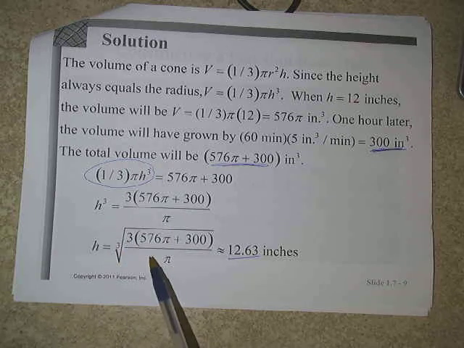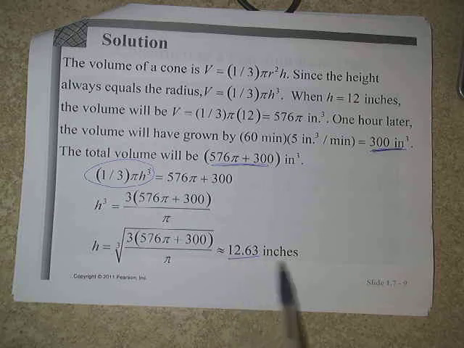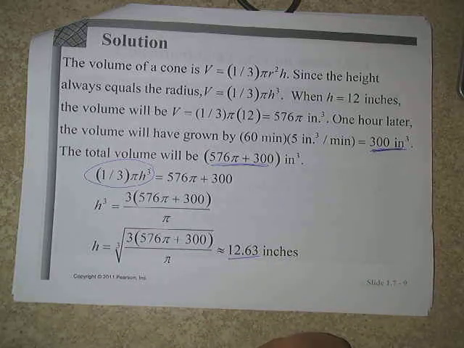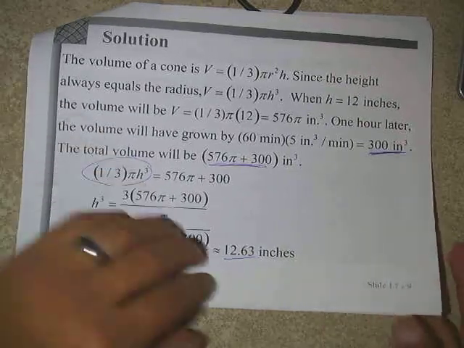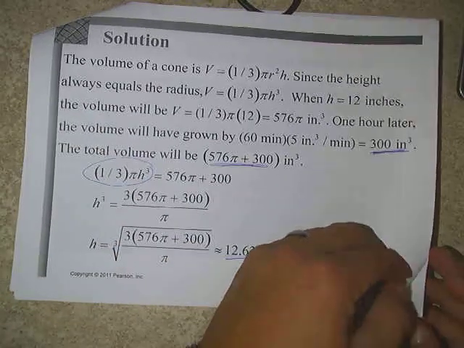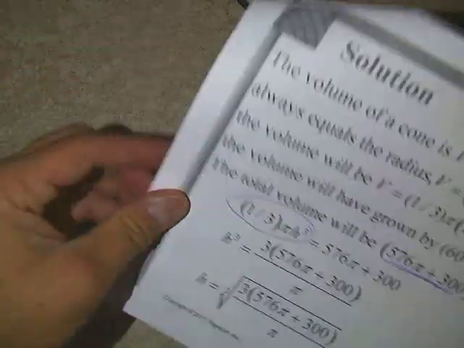That's what they did here. They solved for h, and ended up with 12.63 inches as the final result. Solving this, remember, we would multiply by 3 to get rid of the 1/3, divide by pi, and then ultimately to get h by itself, it's cubed, so we have to take the cube root of both sides. And if we take the cube root of both sides, we get our 12.63 inches.